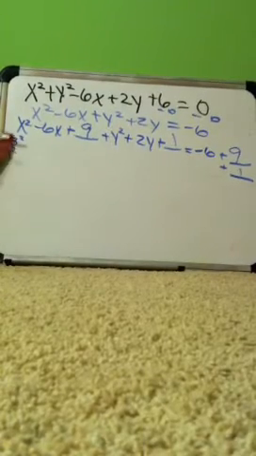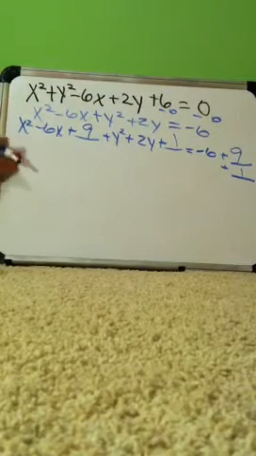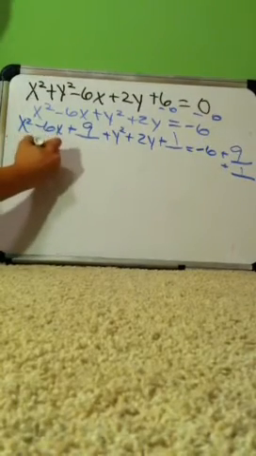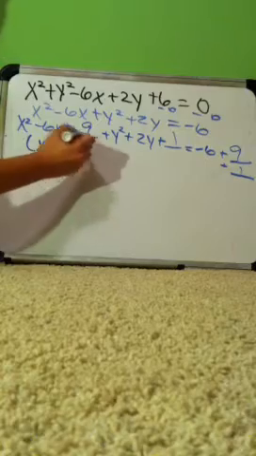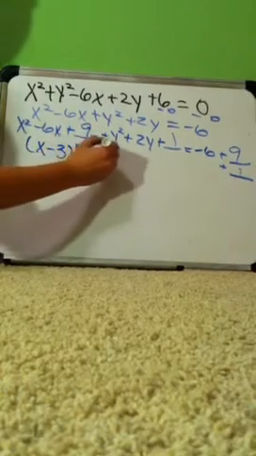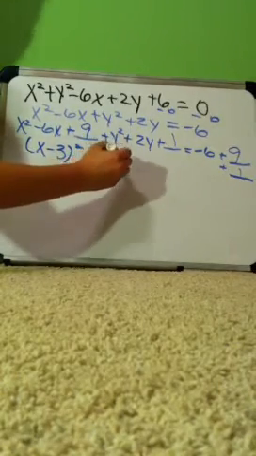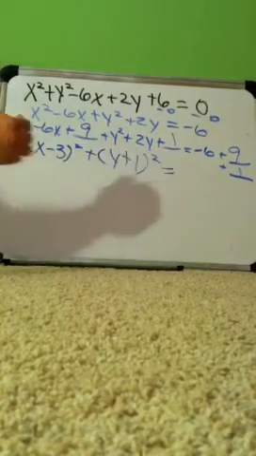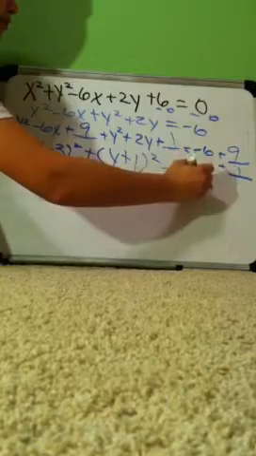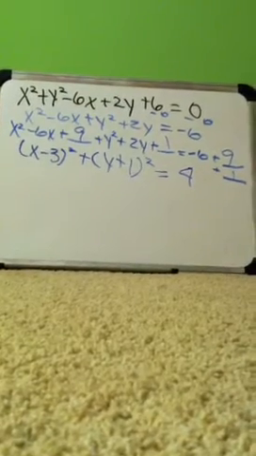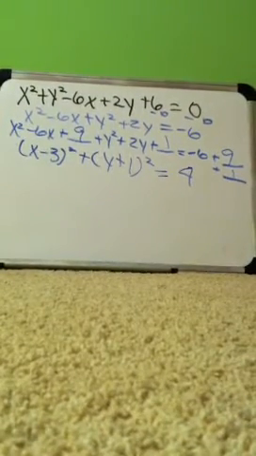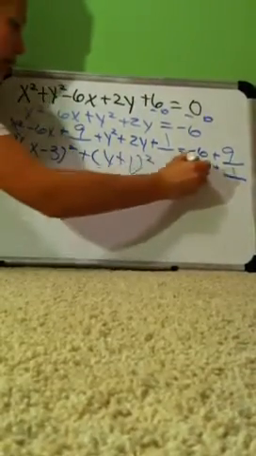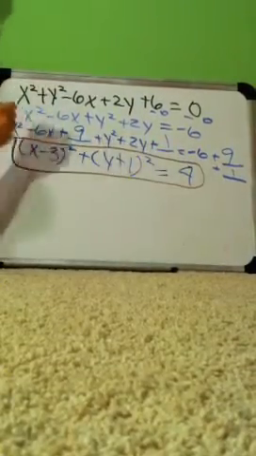Now we can FOIL. Let's get rid of that. So we're going to get (x minus 3) squared plus (y plus 1) squared, and that equals 4. So hopefully you guys will recognize that this matches up to the circle equation.